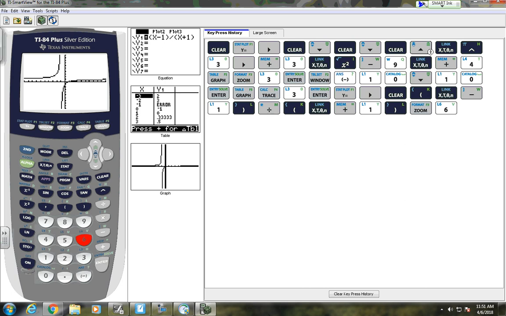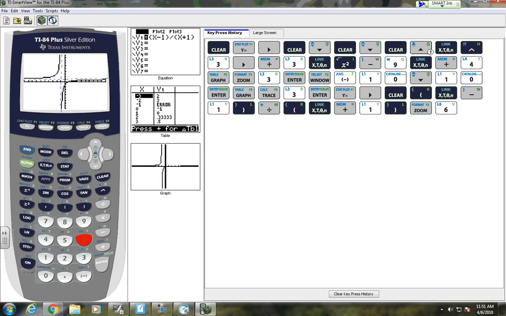Okay, now the instructions said be sure to include the vertical asymptote at -1. Do you notice how there's a boundary line here where x is equal to -1 that the graph doesn't want to cross? That's our vertical asymptote. And there is a boundary line here that's horizontal that the graph doesn't want to cross. That's the horizontal asymptote y equals 1.